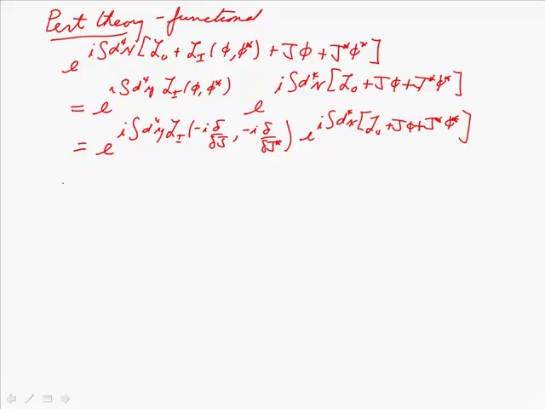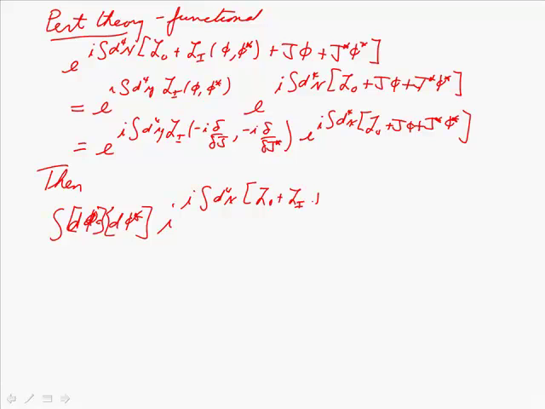And so our path integral can be done. We get integral d phi d phi star, e to the i integral d4x, L0 plus Li plus j phi plus j star phi star. We do this trick. We pull the interaction piece out.